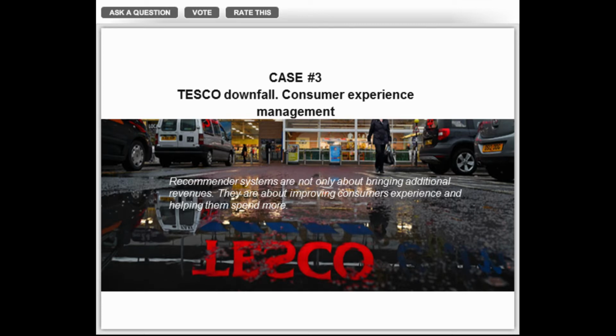They are about improving customer and consumer experience and making them spend more on the other items that they really need, predicting what they're going to need, what they want to purchase, and then giving it to them. If you change the way you work with them, you will have them be with you forever, if you want to really help them, but not sell them something they don't want to use.